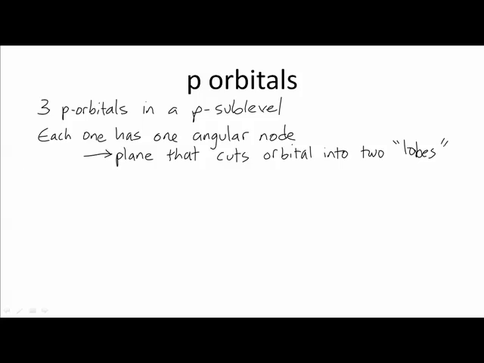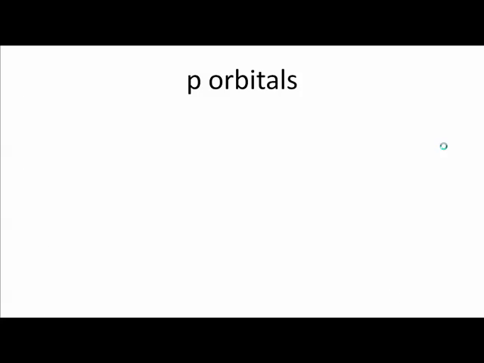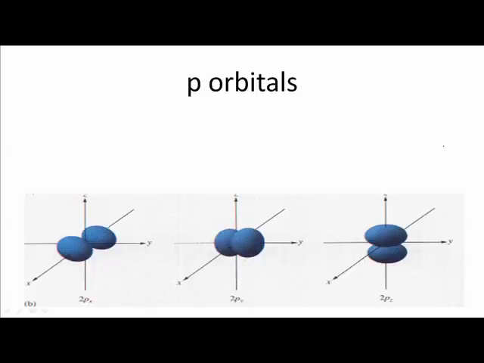We call them lobes of the orbital. And so the effect of that is we get these shapes that look like this. You can think of them as snowmen. Oftentimes we draw p orbitals kind of like this, like they're peanuts or propellers.